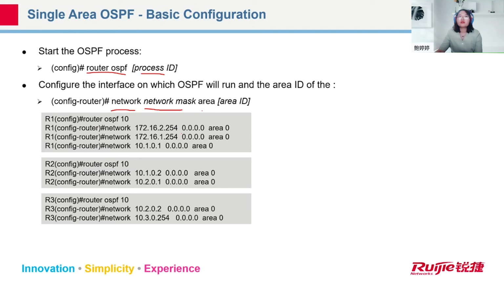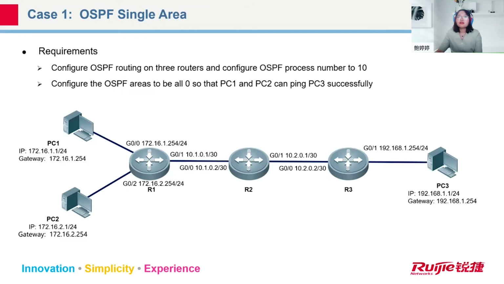And here, this is the wildcard mask. 0.0.0.0 means we only enable this IP address and make this interface become area 0. And another one, 3 segments, right? This interface, why do we have to enable OSPF on it? That's because we have to send out hello packets on this interface to establish the relationship with R2.